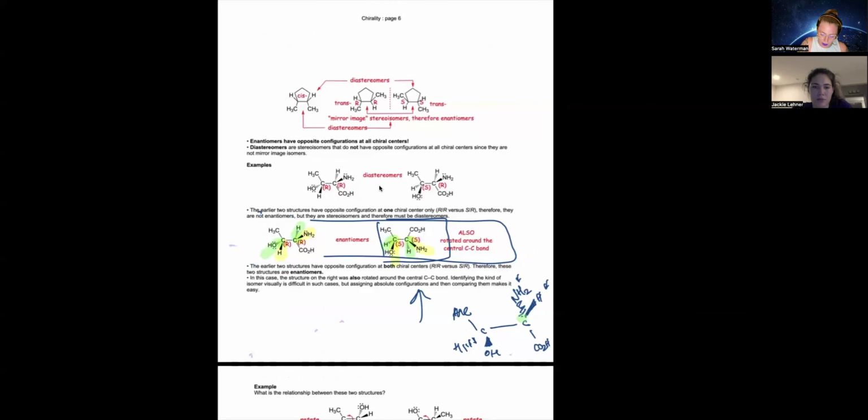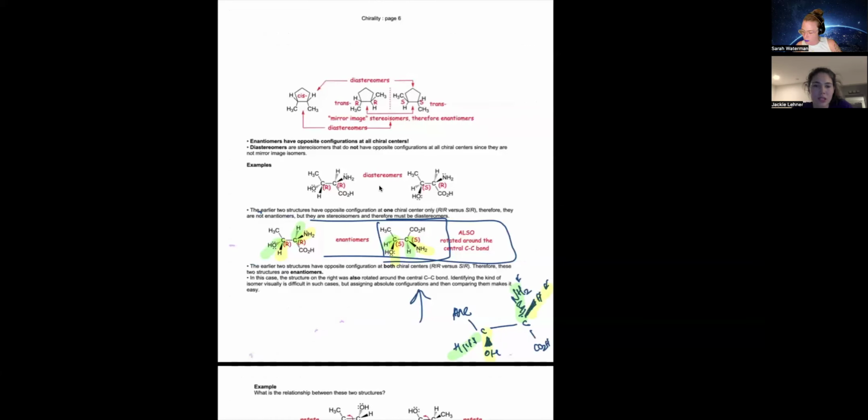That's why I switched the NH2, just to make that clear, but go ahead. Yeah, so if you look at the molecule on the left, the one that's printed, yep.